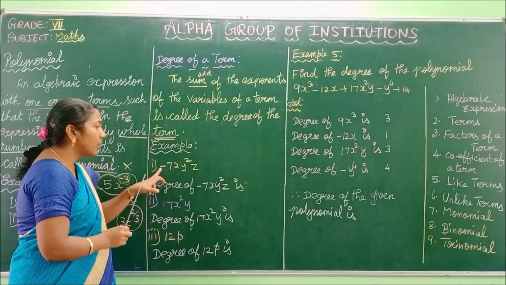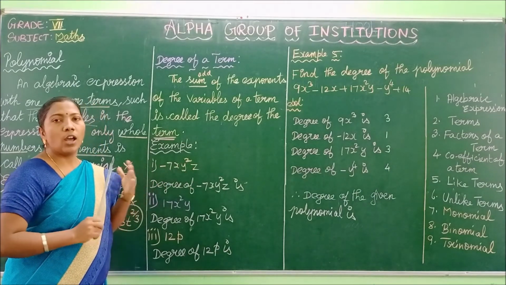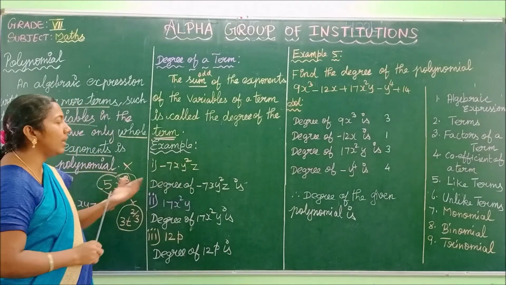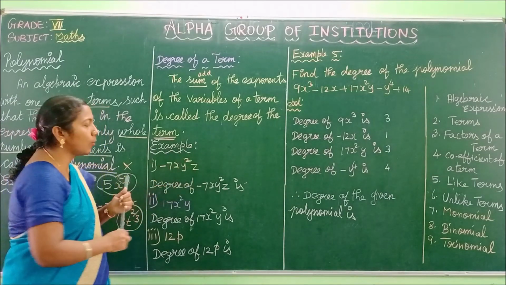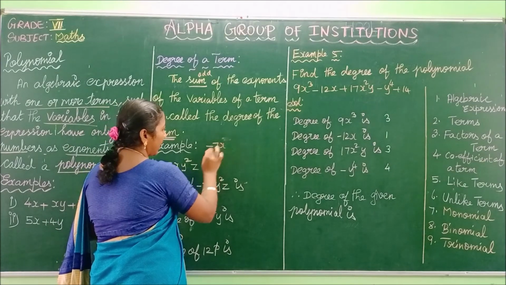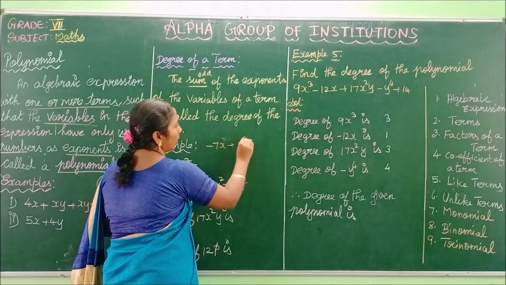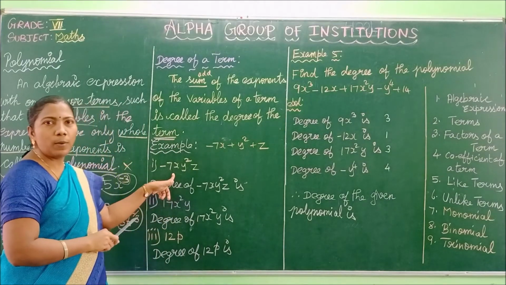See here. Minus 7x y square z. Now we are going to calculate the degree of this term. This is one term. Suppose if the question comes like this, minus 7x plus y square plus z, this is an example for what type of algebraic expression?